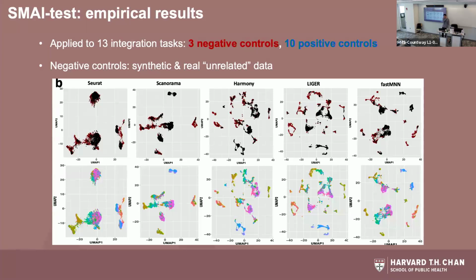Here is just a demonstration of how the existing methods align these completely unrelated data sets. And you can see in many cases, they seem to be aligning the structures. Even without the cell type annotation, it's very hard to discern whether the 2 data sets are alignable or not.